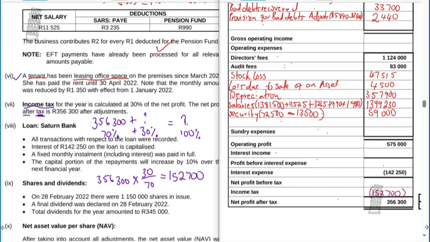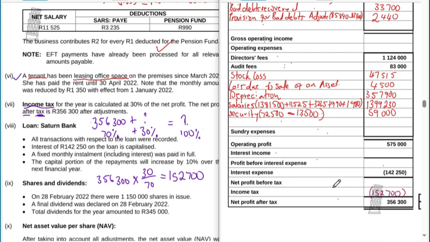In this case, we might also find our net profit before tax, by taking this and adding it with our income tax, so that we can get our net profit before tax.